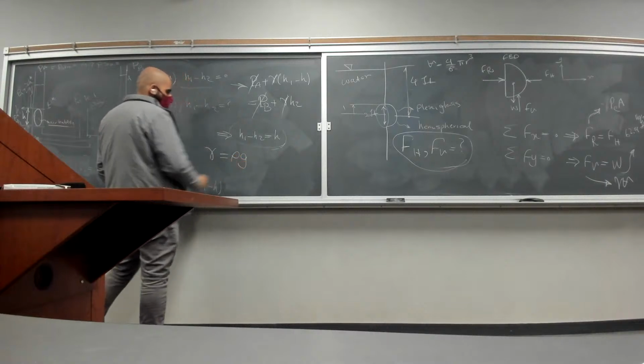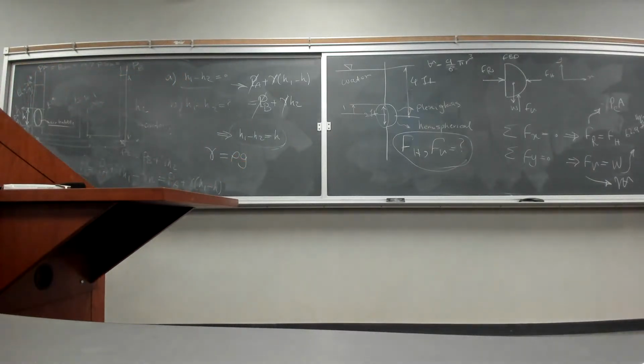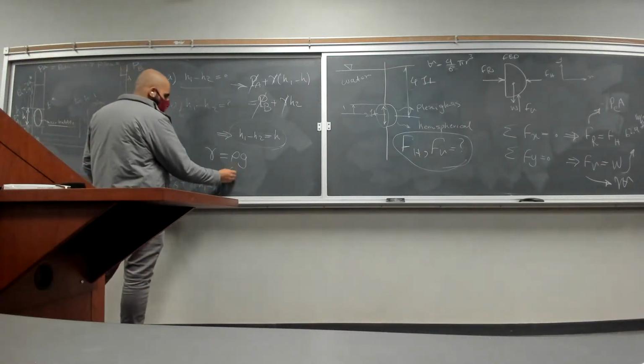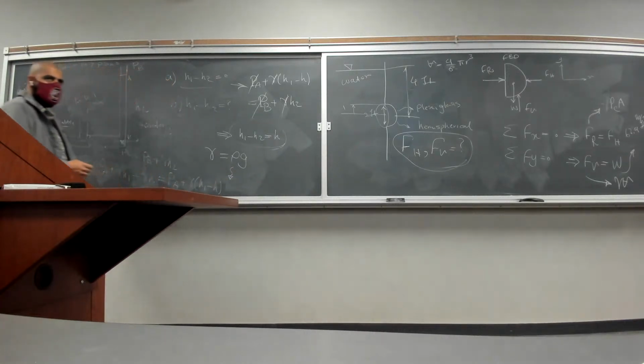Gamma is rho G, right? What is the gamma of water in SI? The density of water in SI, does anyone remember that? We usually make an assumption here and use a number.